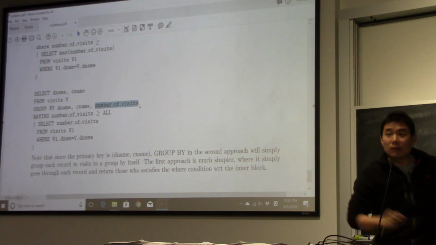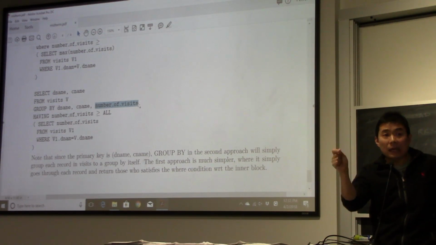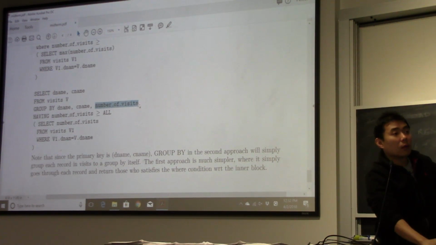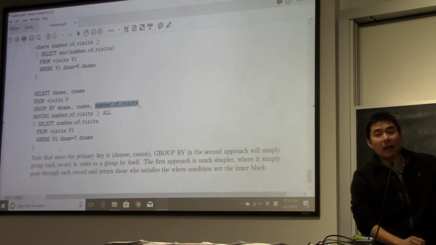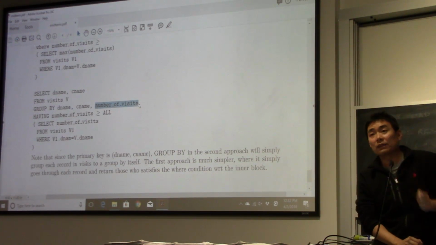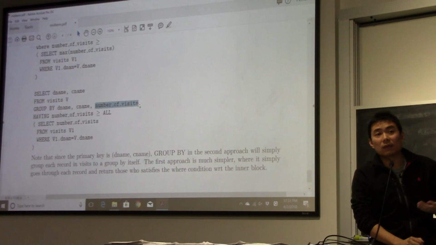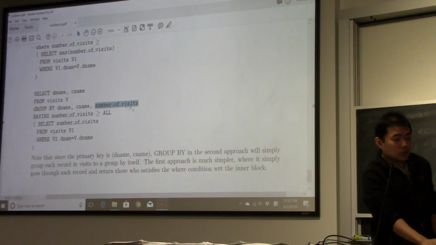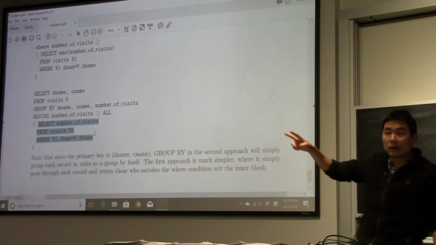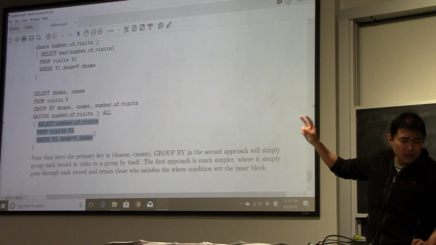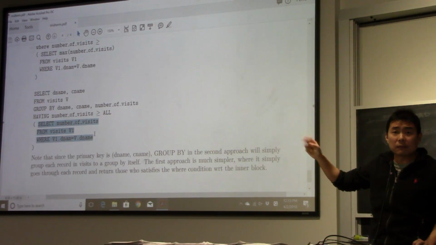However, in this case, because D name and C name are the primary key of the visits table, group by D name and C name is the same as group by D name, C name, and number of visits. The effect is the same. It's just a technicality, so that I can use number of visits in having, so that it is greater than all the number of visits from the same dealer name.